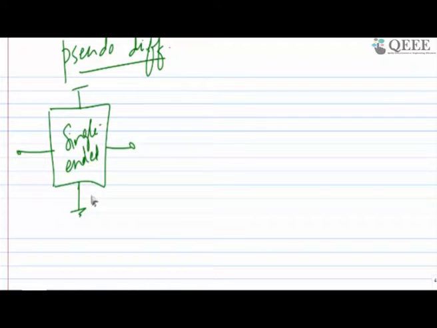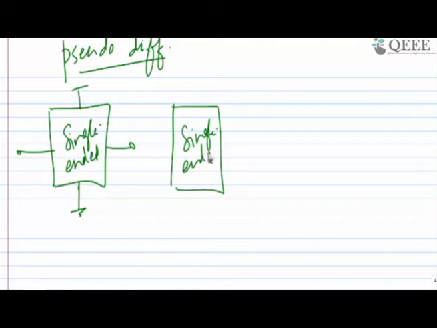So all these circuits are single-ended, but I want to make it differential, which is pseudo one. I have to put another single-ended here, same copied one, and this side it's V in plus, this side it has to be V in minus, and V out plus, V out minus.